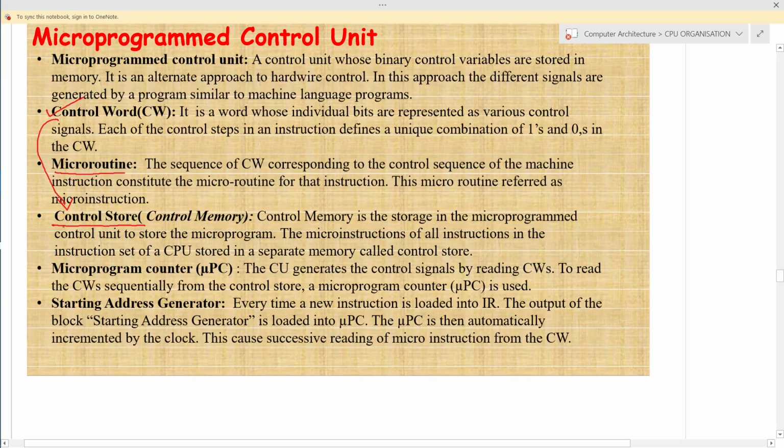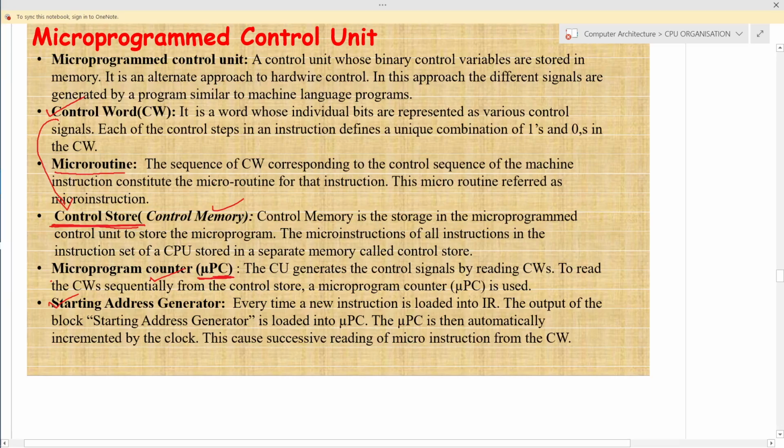So we have to provide the starting address to the microprogram counter, so that a particular control word will be fetched from the control store, and it will be read and the appropriate signal will be generated. And once a particular control word is fetched and processed, then the successive control word will be fetched by increasing the memory address. Suppose the first control word is placed in 300, the next control word will be available at 301. This way the microprogram control unit works.